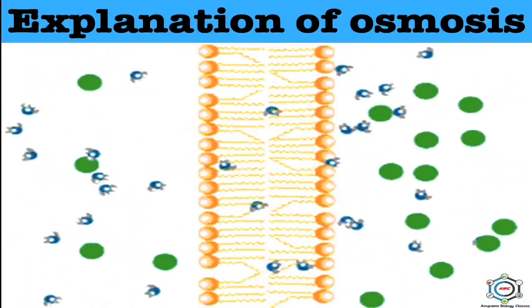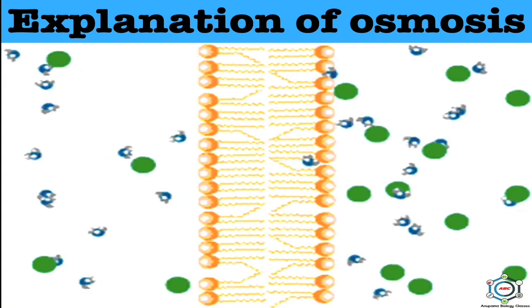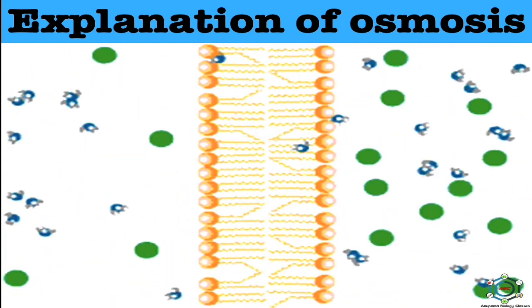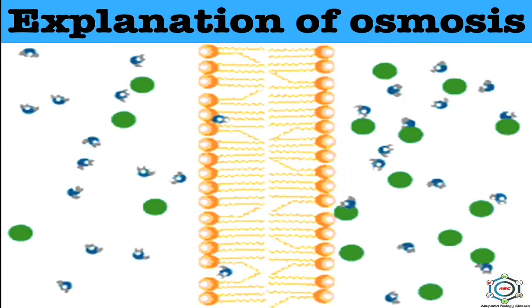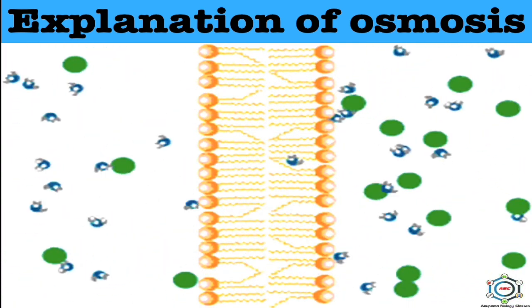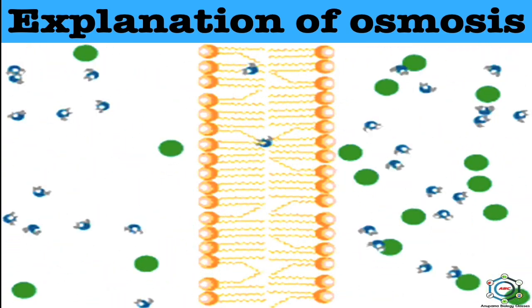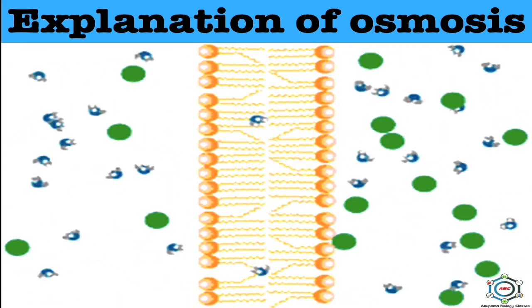It is a property of ions or molecules that they move from the region of higher energy level to the region of lower energy level. The water molecules therefore move from the region of more diffusion pressure, chemical potential and free energy to the region of less diffusion pressure, chemical potential or free energy across a semi-permeable membrane in case of osmosis.